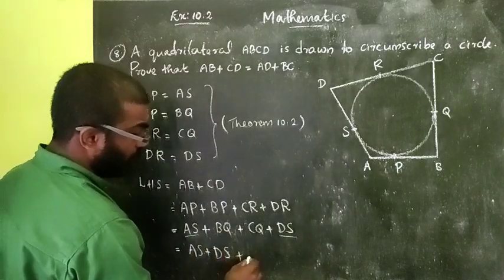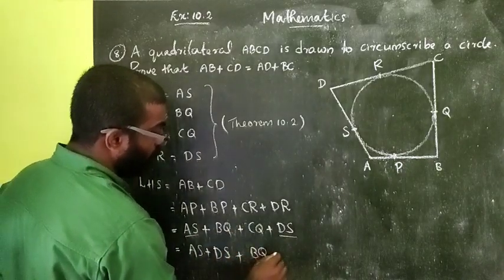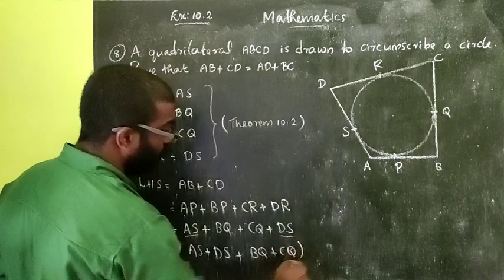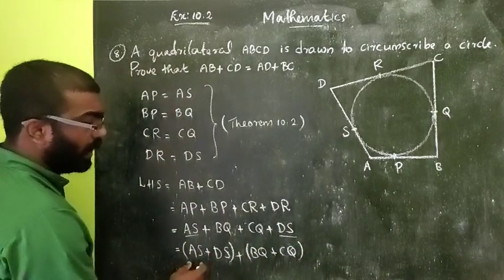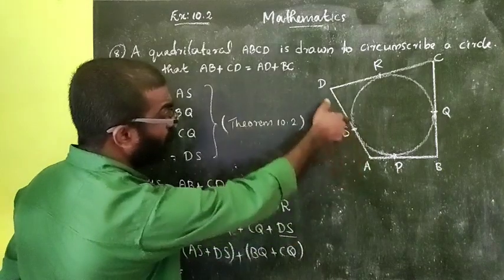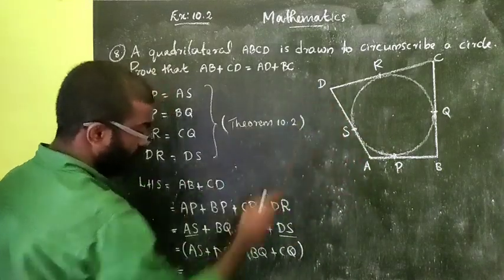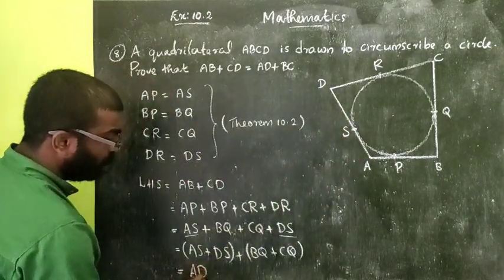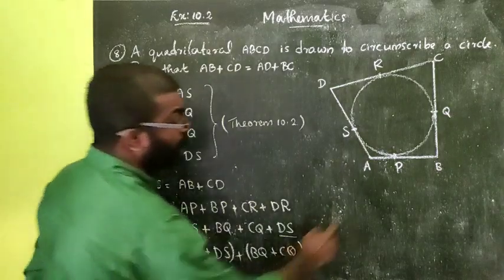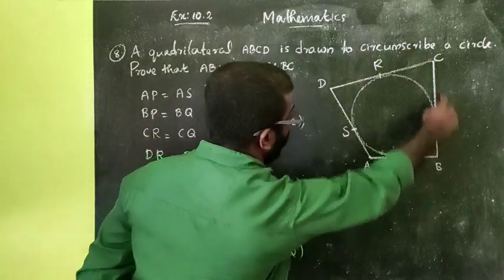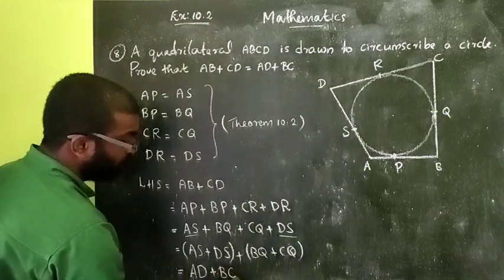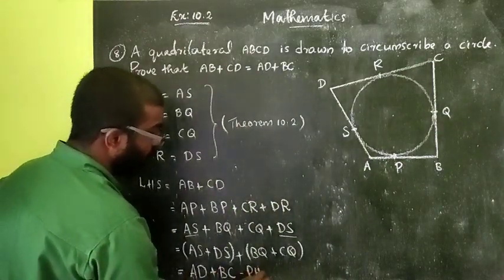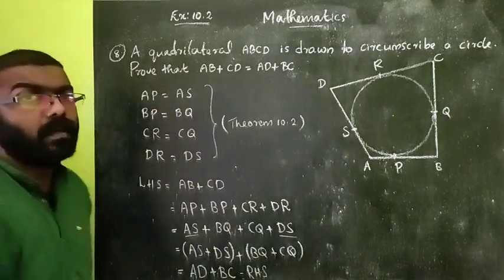So the middle two terms, BQ plus CQ. So what can we write? AS plus DS is equal to AD. So AD, then plus BQ plus CQ. BQ plus CQ is the total length BC, which is equal to the RHS. Okay.